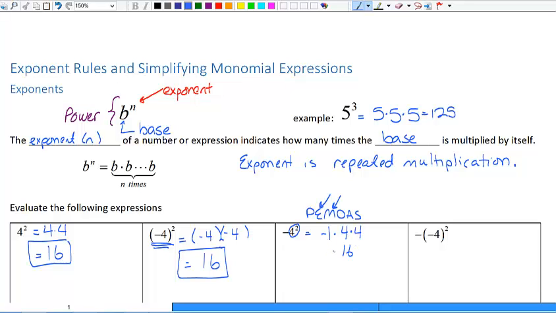Now 4 times 4 is 16, and then the opposite of, or negative 1 times, is negative 16. So notice that these two answers are not the same when the negative is placed in different spots.